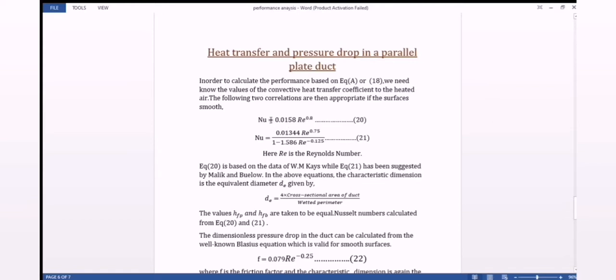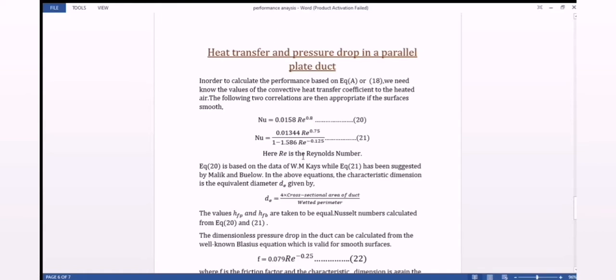The correlations are Nu is equal to 0.0158 Re raised to 0.8, and Nu is equal to 0.01344 Re raised to 0.75 divided by 1 minus 1.586 Re raised to minus 0.125.